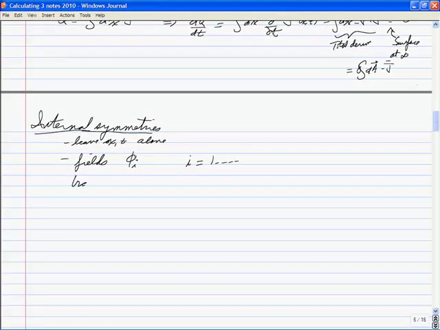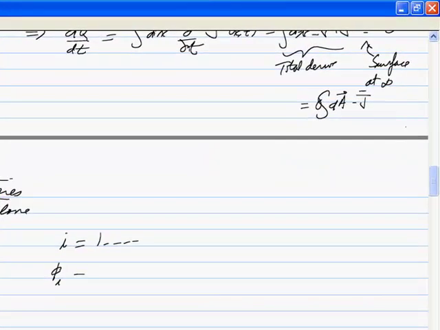So the transformation is phi_i goes to some phi prime_i, which is some F_ij, some function of the fields phi_j, and that function of the fields is given by some parameters.